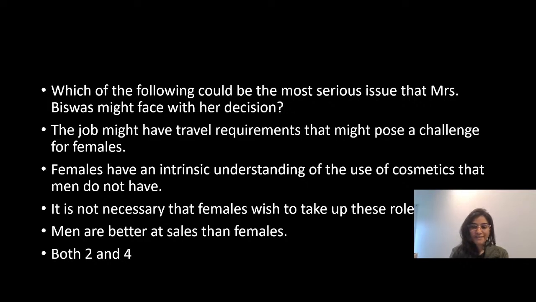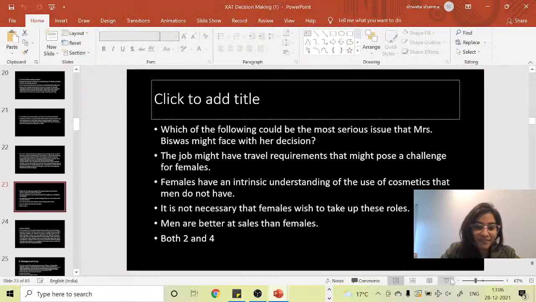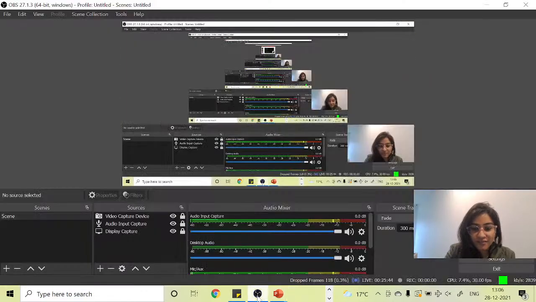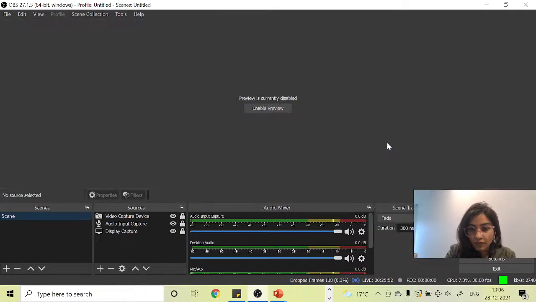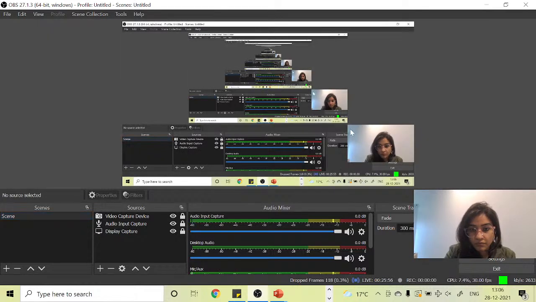Press and hold it to resize. Acha, let me try it. I think it's not happening for now.